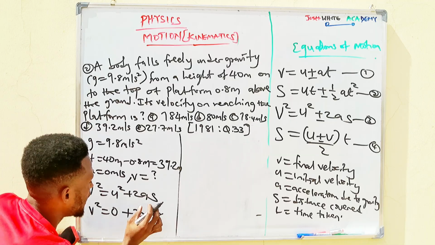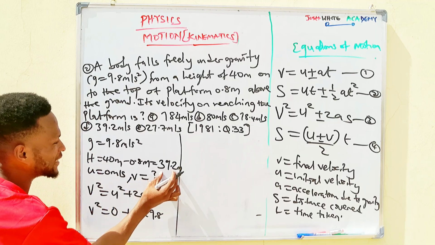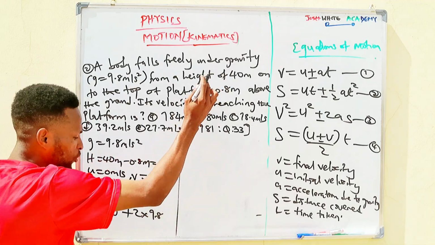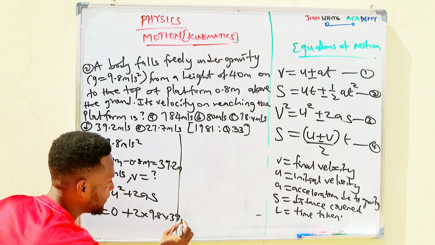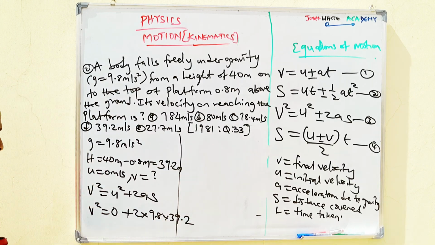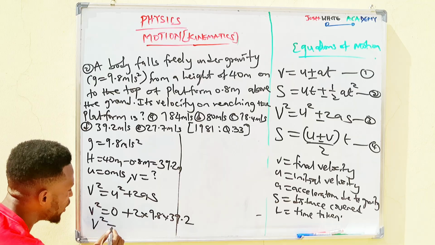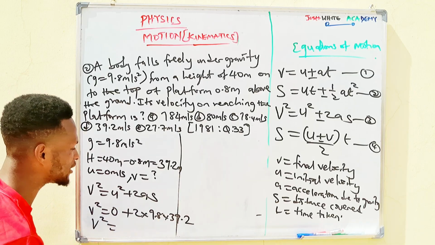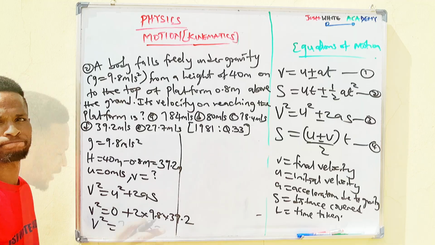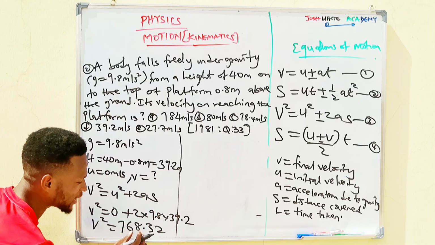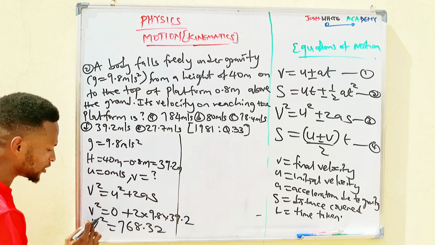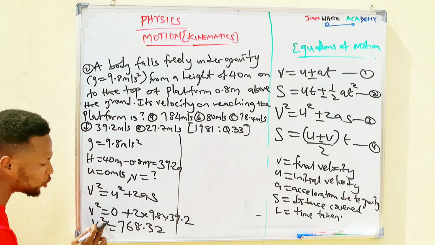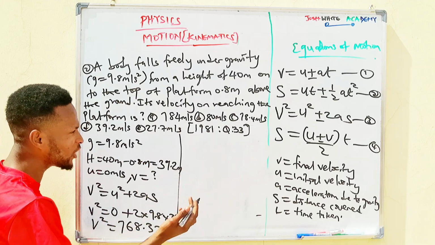So our S now is 39.2. Please take note, not 40. Multiplied by 39.2. So our V square is equals to 2 multiplied by 9.8 multiplied by 39.2. Our answer gives us 768.32. So the next thing is to square root both sides, or if the square crosses the equal to sign, it becomes square root.